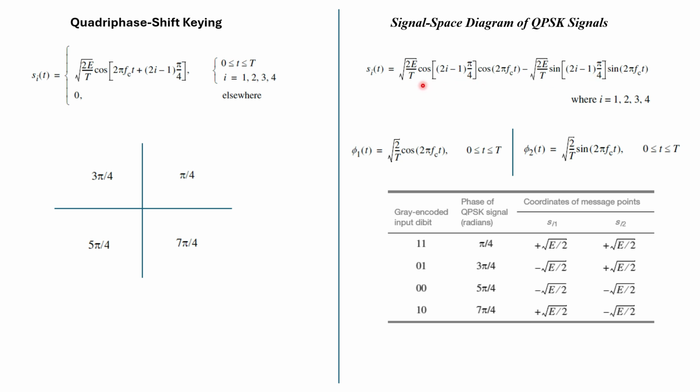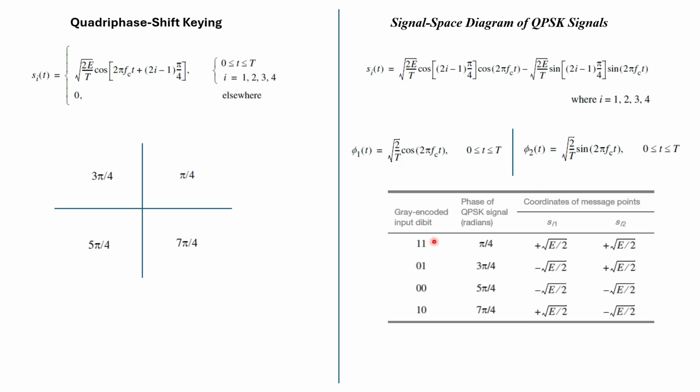So if we consider orthonormal functions, here we are able to find the cosine signal and here we are able to find the sine signal. So these two signals represent the orthonormal basis functions phi 1 and phi 2, that is, the carrier with amplitude.